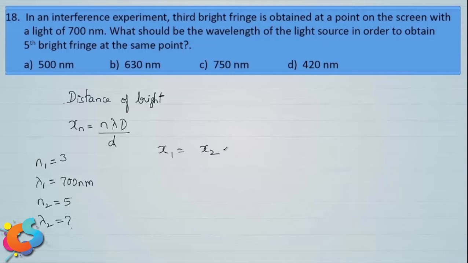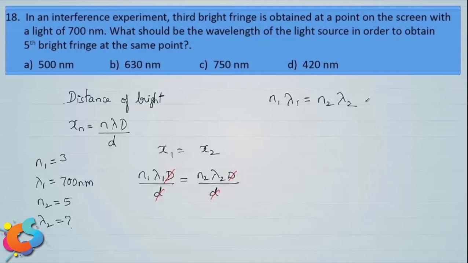In place of x1 you can write n1 lambda 1 D by d, which should be equal to n2 lambda 2 D by d. Capital D and small d remain the same since the experimental apparatus is unchanged. Therefore, when you cancel these, you are left with n1 lambda 1 is equal to n2 lambda 2. Dear students, make a note that you can use this expression directly when two bright fringes coincide at a point.